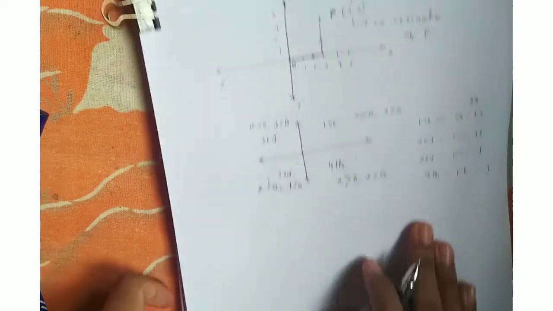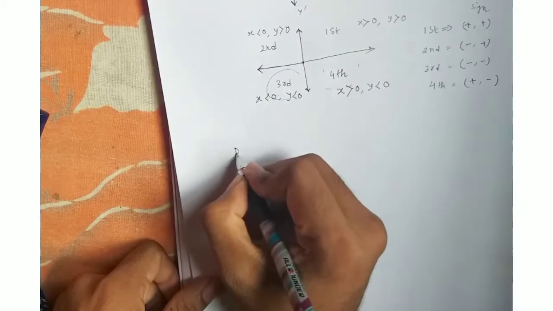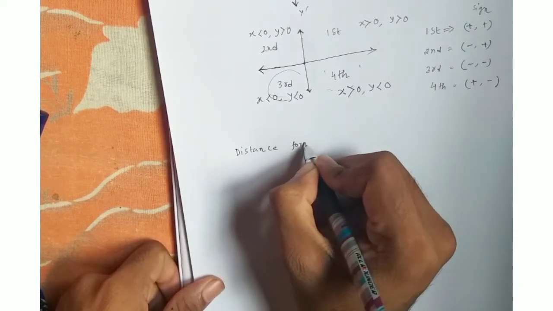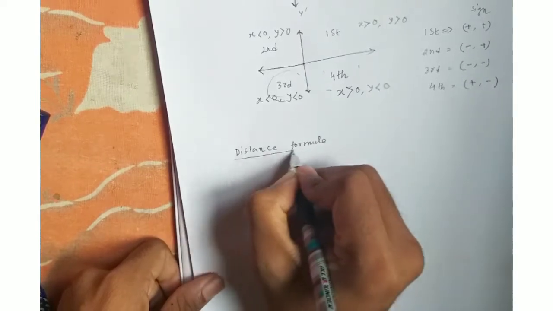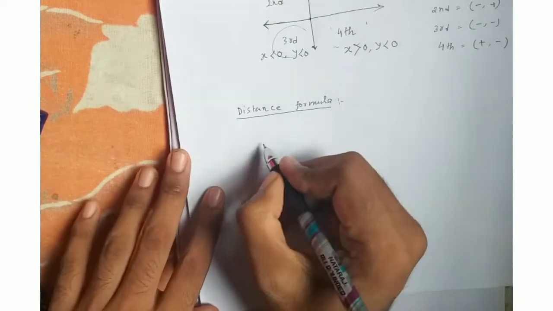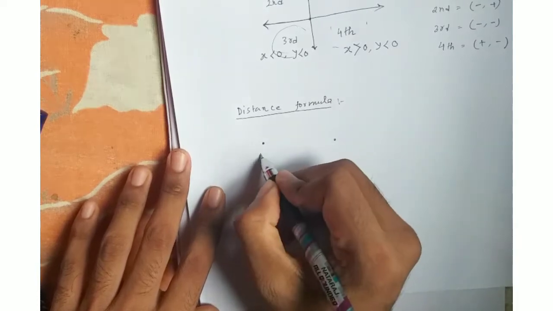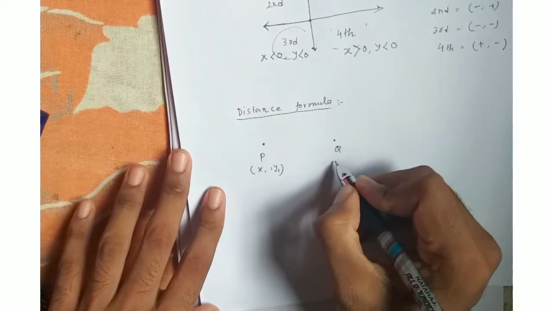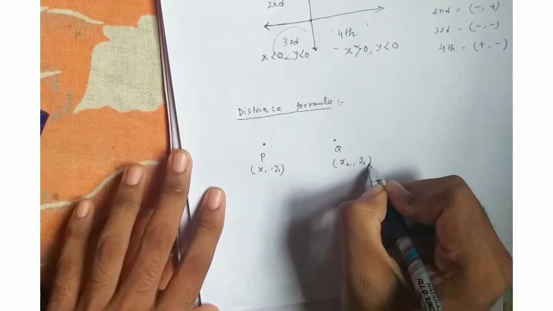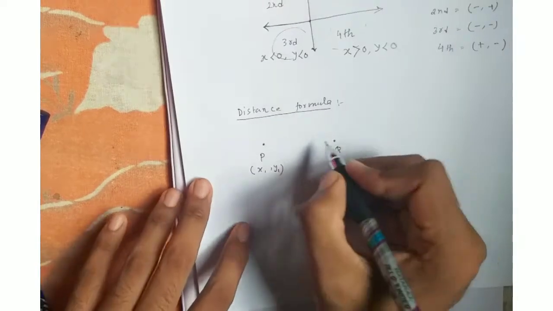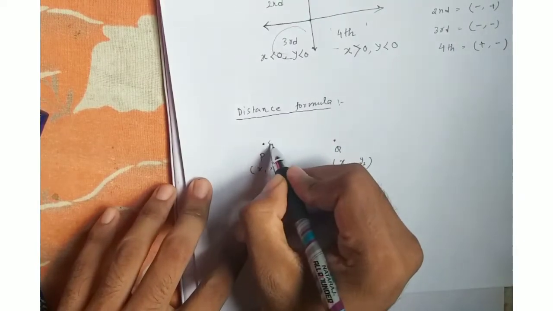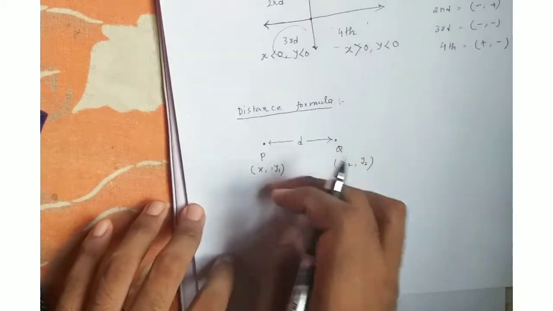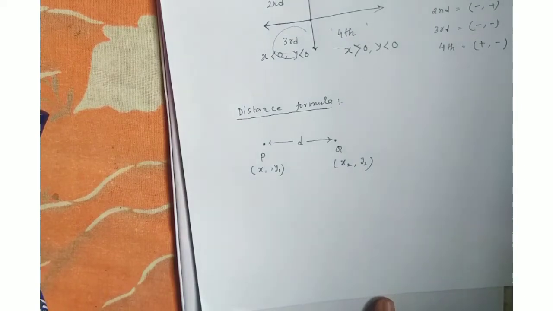Now coming to the distance formula. Basically, in the distance formula we find the distance between 2 points. Let us assume P is (x1, y1), and this is point Q, that is (x2, y2). We basically find the distance d between 2 points in the Cartesian coordinate system.